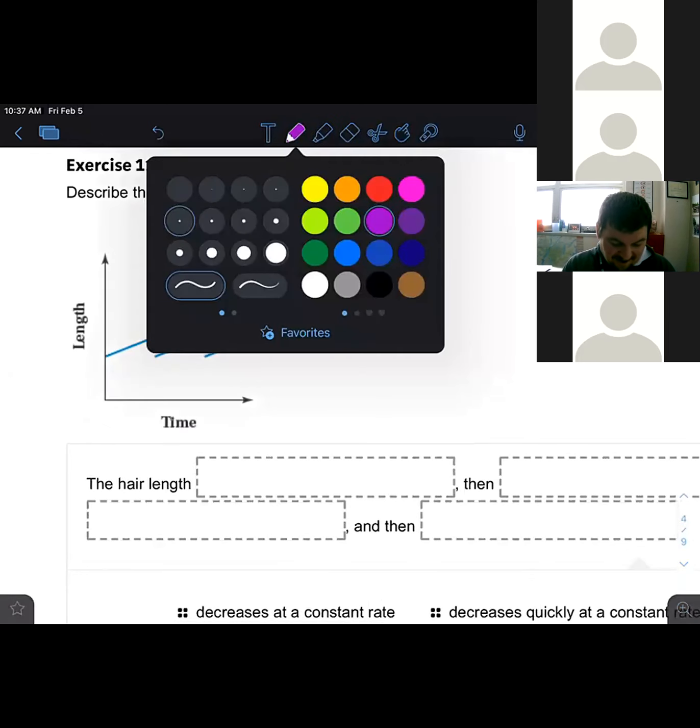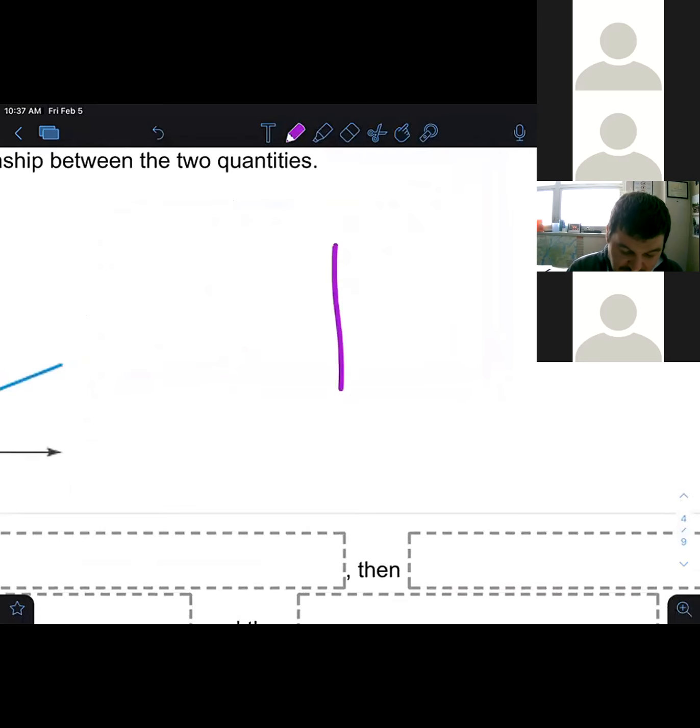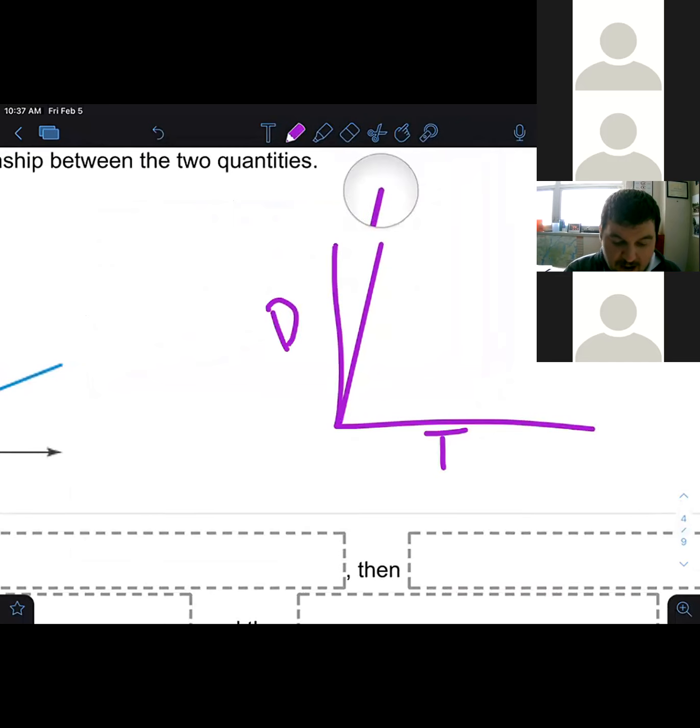And it's all about context here. If I was doing a distance over time graph, even if your speed was increasing very quickly, it never went straight up and down.